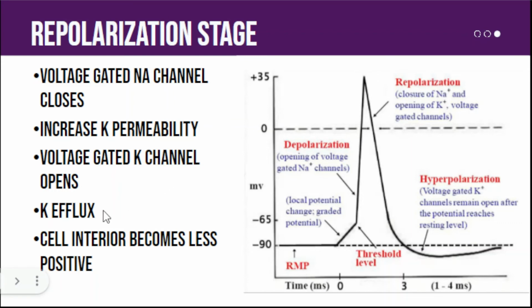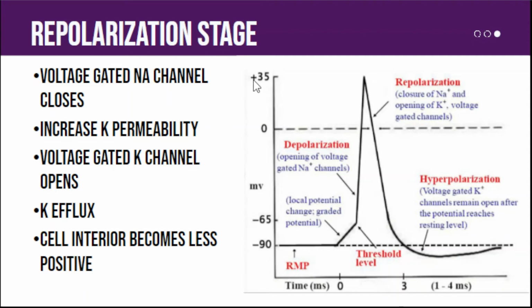And what will happen? Potassium will start to travel outside the cell. So, wala nang sodium nakakapasok, lalabas pa yung potassium mo. What happens? The cell interior becomes less positive. So, from +35, sinara mo ang sodium channels, binuksan mo ang potassium channels, bababa ngayon yung charge.